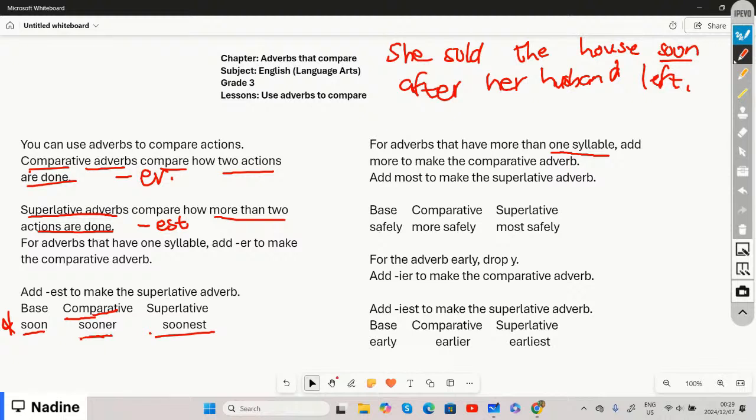And now, once again, we have our base word. This is now adverbs with more than one syllable.